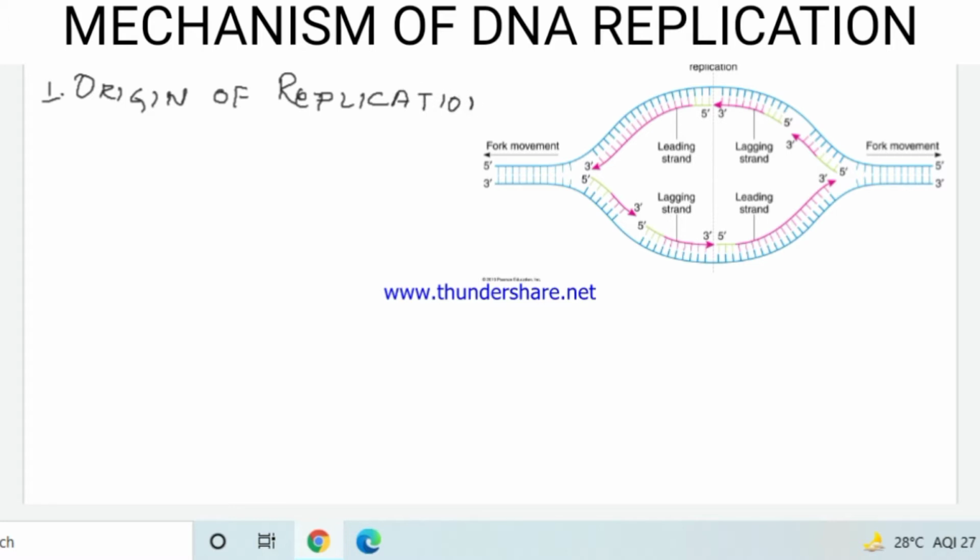In case of prokaryotes, especially say E. coli, the DNA is present in the form of a single circular DNA. Now, replication actually begins at a particular region of DNA, which has a particular nucleotide sequence.